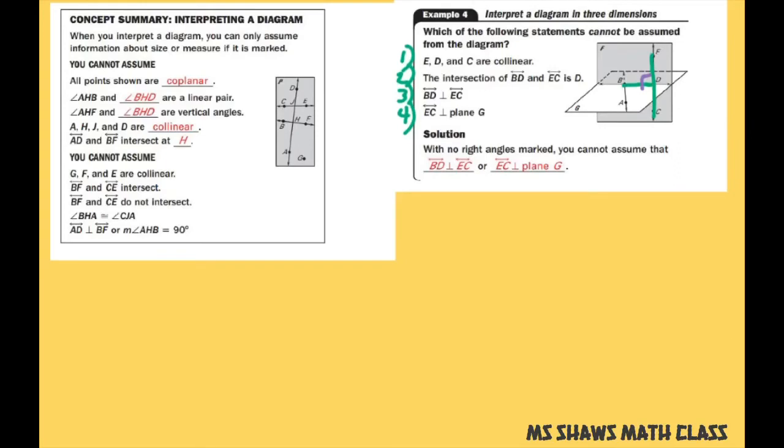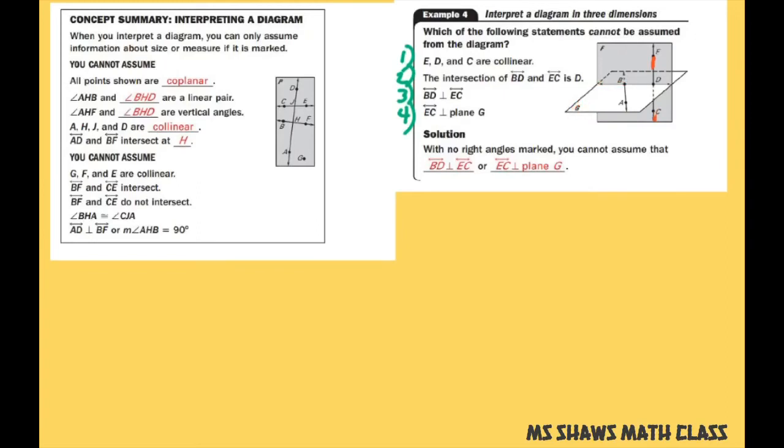And also you cannot assume that EC, where's EC? This line is perpendicular to plane G. So you can't assume that it's perpendicular to this whole plane here because it's not marked. Otherwise, 1 and 2 is fine.